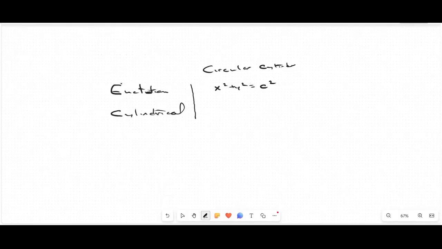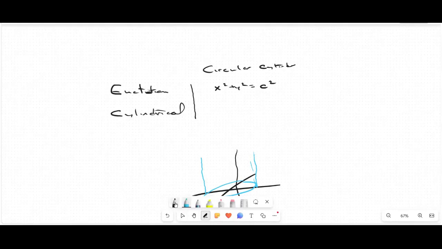If you look at x squared plus y squared equals c squared in the XY plane, you get a circle, but it doesn't depend on Z. So in 3 dimensions, this becomes a cylinder. And then we can write this in cylindrical: there's no dependence on theta or Z, right? It's just a statement about R.